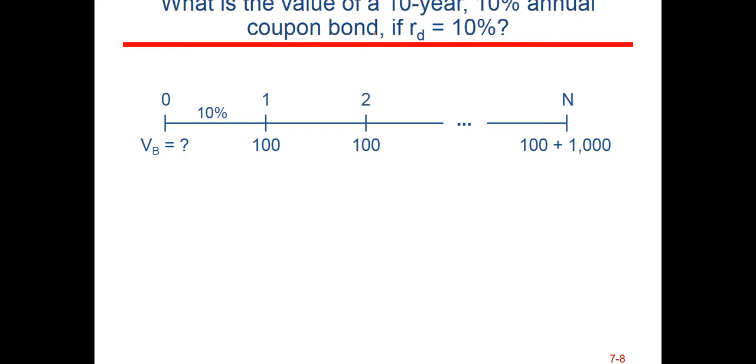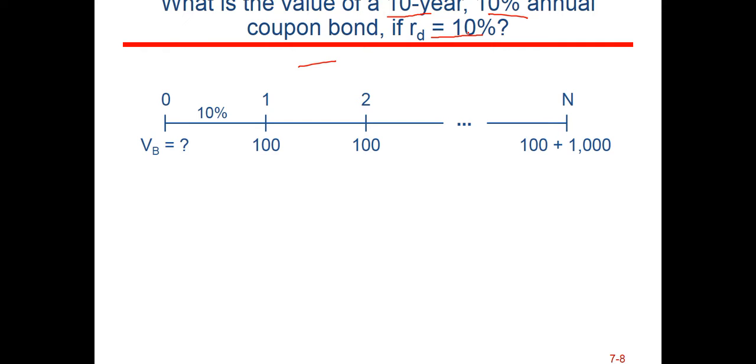Now, coupon. Let's take a look at one example where we are trying to calculate the value of a 10-year bond, 10% annual coupon, and this is the coupon rate to calculate PMT. This is what the market demands. The market is demanding the same as the coupon rate in this particular example.